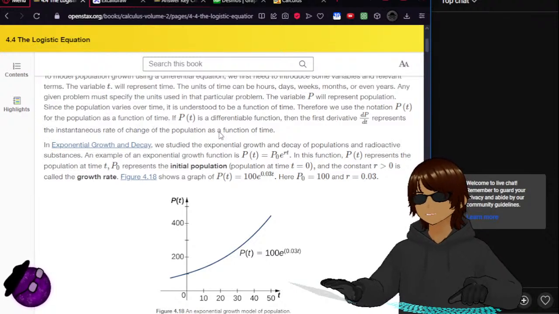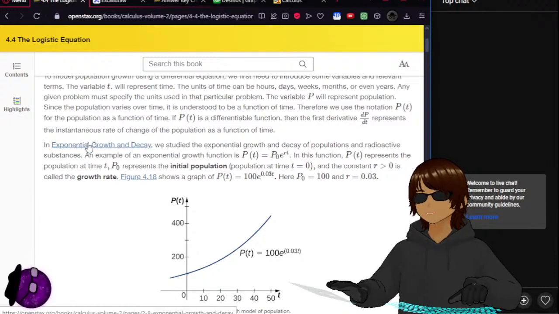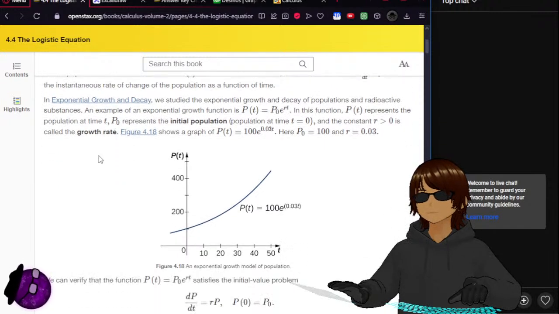If P(t) is a differentiable function, then the first derivative dP over dt represents the instantaneous rate of change of the population as a function of time.